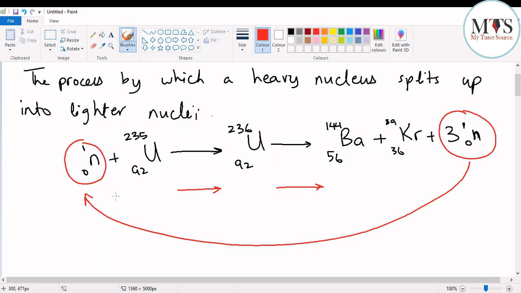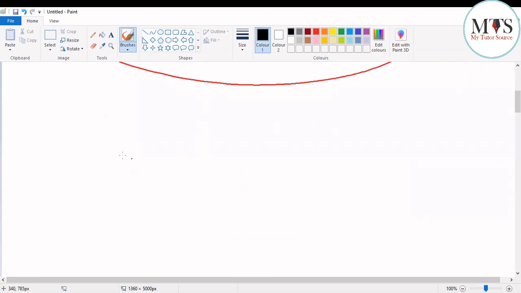So we can say this reaction is self-sustaining, because as long as you have enough uranium, it's going to keep on producing neutrons that keep reacting with the uranium, and then it will produce more neutrons and so on, until the uranium gets finished up.